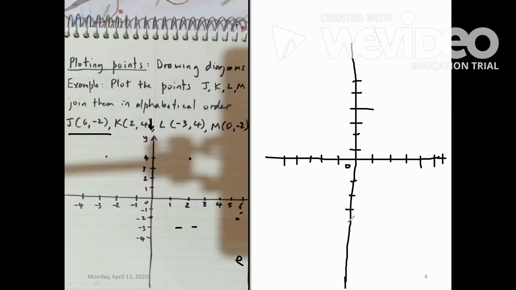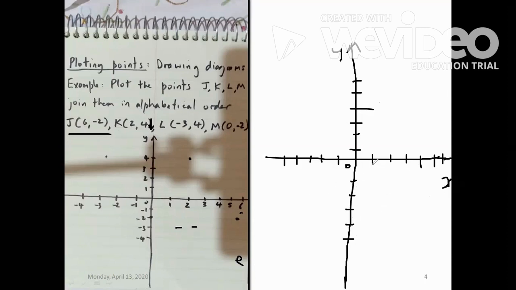So I'm not going to be able to write in the numbers. Just going to use the diagram on the left. All right, so we want to plot the point J, which is (6, -2). Now the 6 will be the x value taken from the x-axis.